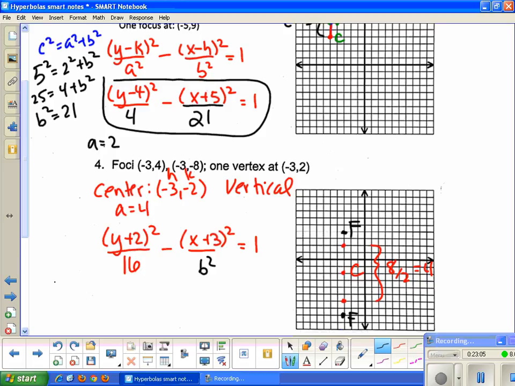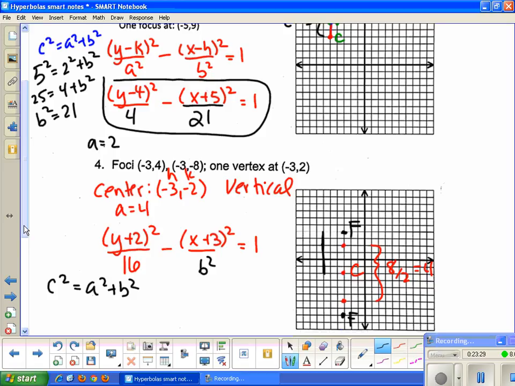And to find that, I can use the fact that c squared equals a squared plus b squared. So remember, c is the distance from your focal point to the center, so from here to here. So if we count, we have 1, 2, 3, 4, 5, 6.